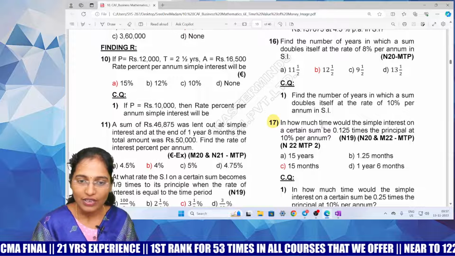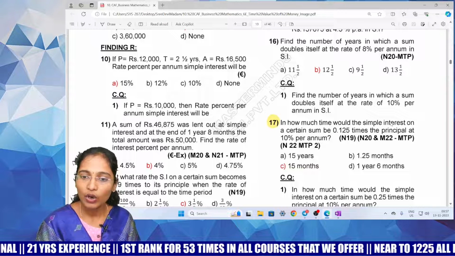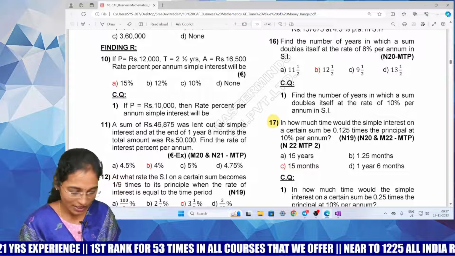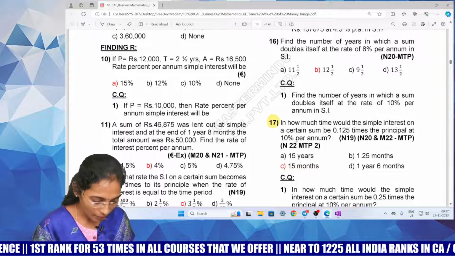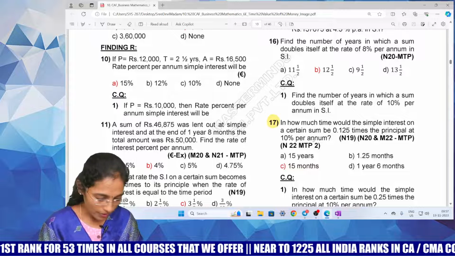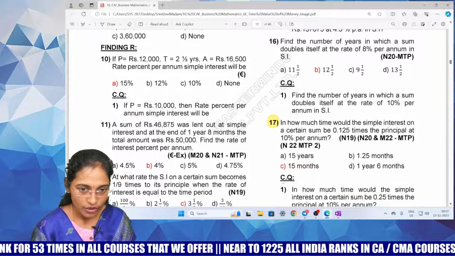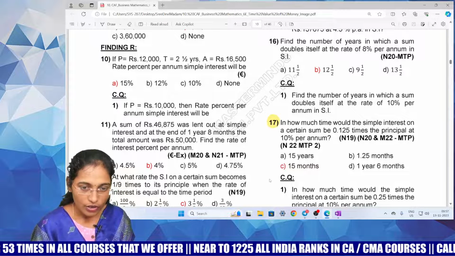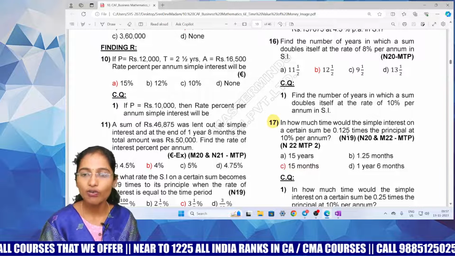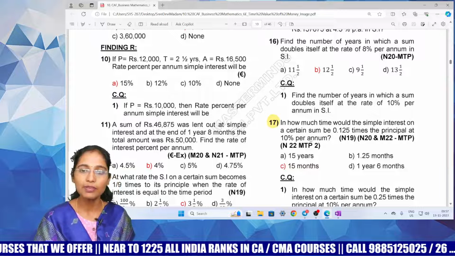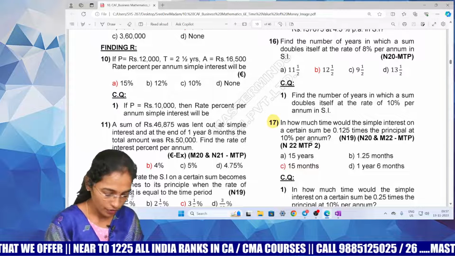So the question is, in how much time would the simple interest on a certain sum be 0.125 times of principal at 10% per annum? Got it? That's what our question is.